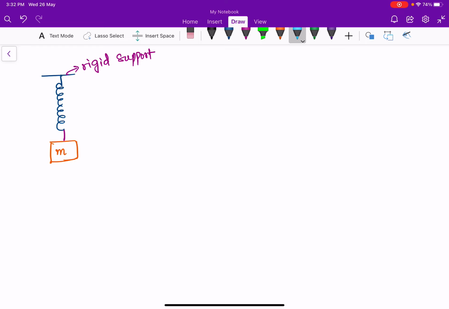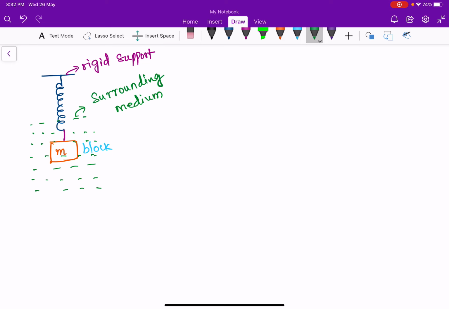Let this simple harmonic oscillator oscillate in an air medium. This is the surrounding medium. So now we have considered air also, and because of it the air drag will be there.